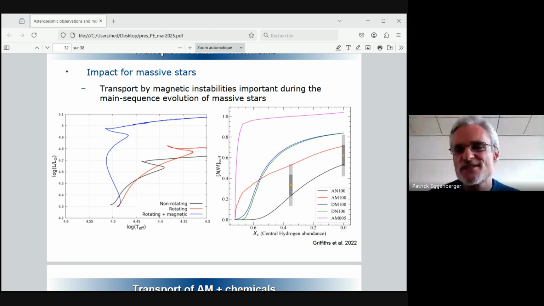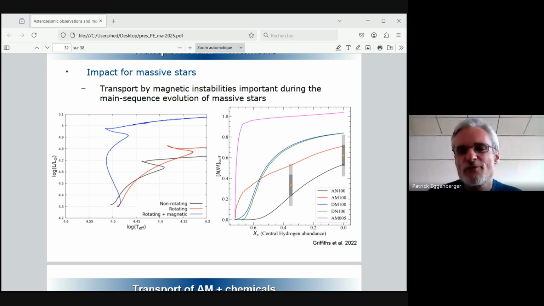This is a bit the answer that I can give. I was a bit rapid on this, but if you include these different transport processes, you will also change the binary evolution, because binaries transfer angular momentum. So the way a star reacts to rotation is very important in this case also.